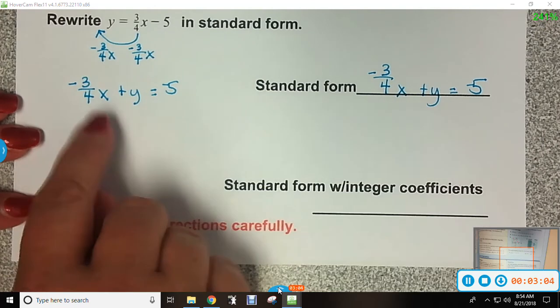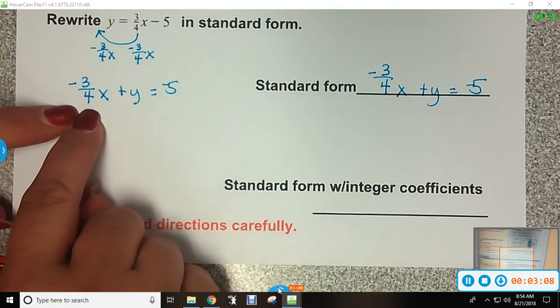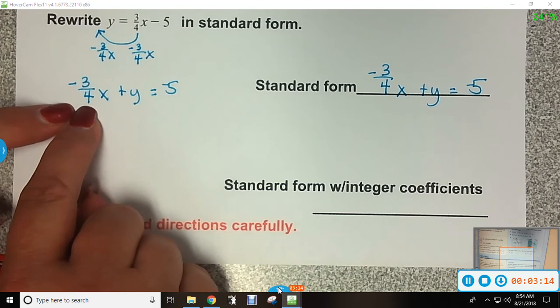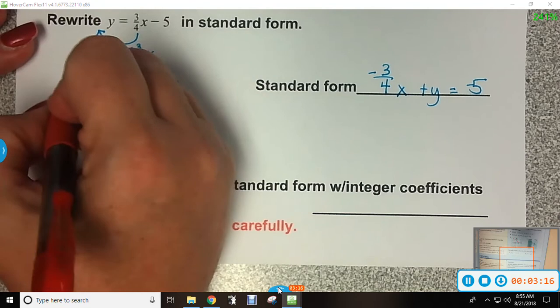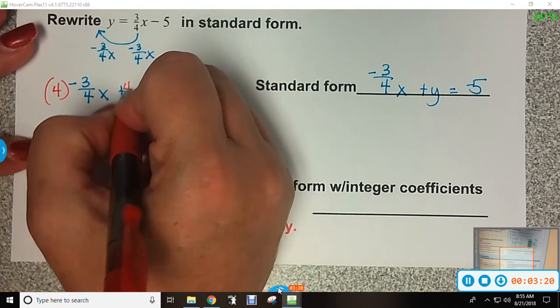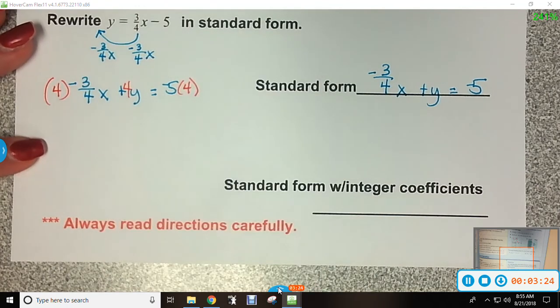So I'm going to come back over here and finish working. To get rid of the fractions in any equation, if you'll just look at the denominator of a fraction, this one has a 4 on the bottom, and you can multiply every single term in the whole problem by that denominator and your fractions will go away.